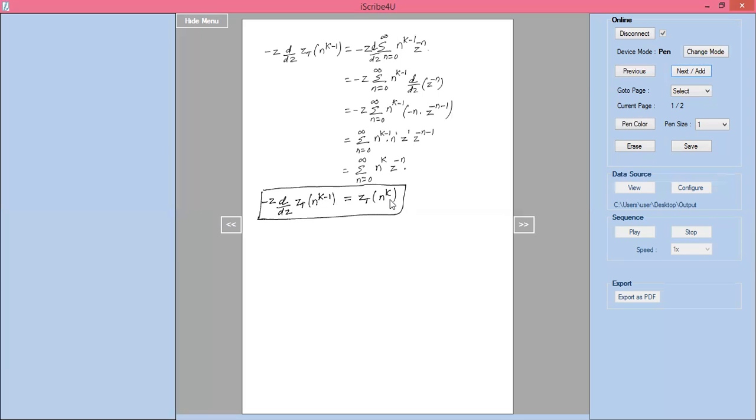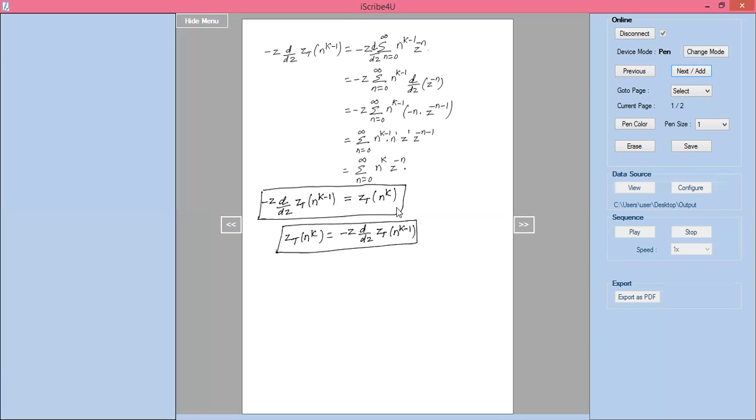So this is the formula. I'll rewrite this like this also: z transform of n power k equal to minus z into d by dz of z transform of n power k minus 1. This is the required solution for the given equation.